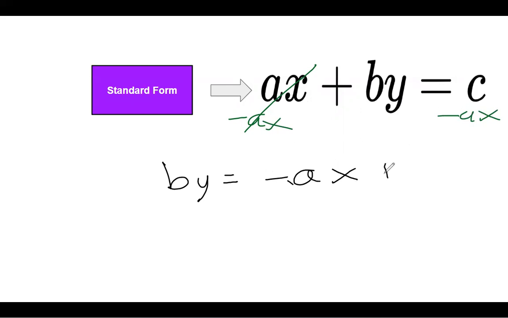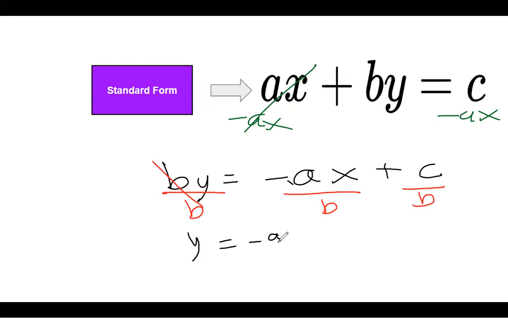And I'm going to add c. What's happening to my y? It's being multiplied by b. Therefore, I'm going to divide every single term by that b. So I'm left with y equals negative a over b x plus c over b.